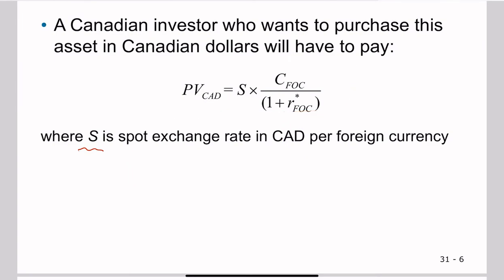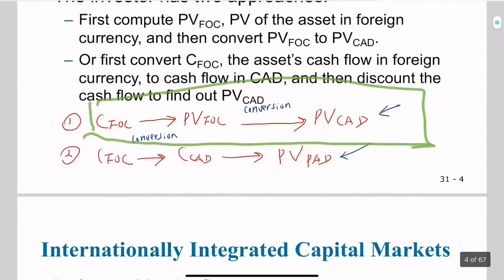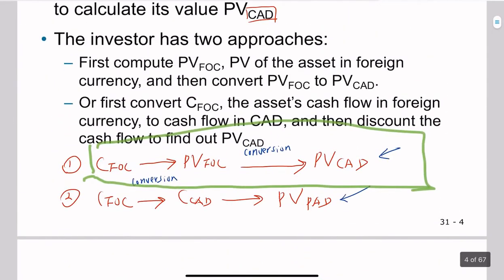Again, this one is very simple to understand. This is just the present value in foreign currency, right? So as I said, this is a very simple two-step process. First, discount the foreign cash flow into the present value in foreign currency. Then you do the conversion.